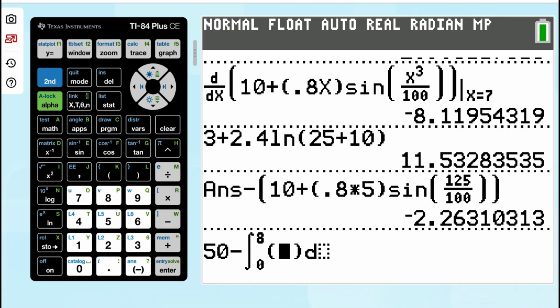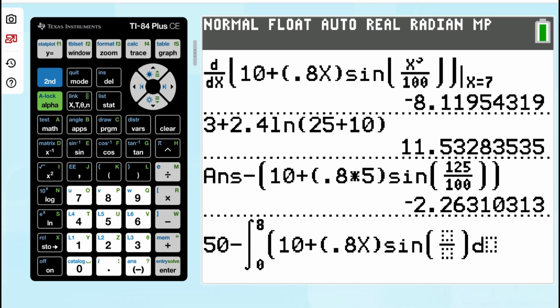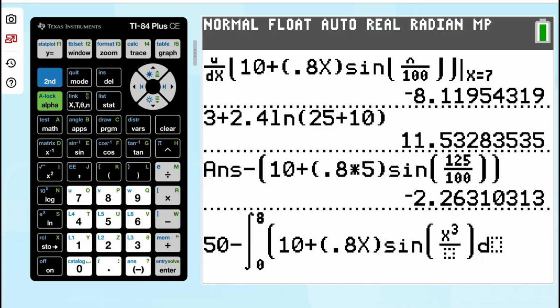And of course, once again, f of t was 10 plus 0.8x times the sine of x cubed over 100 dx.